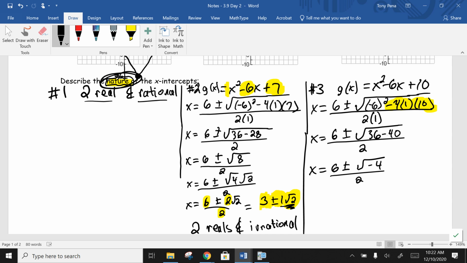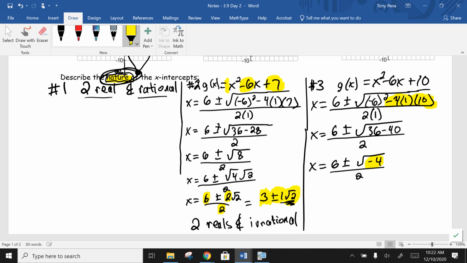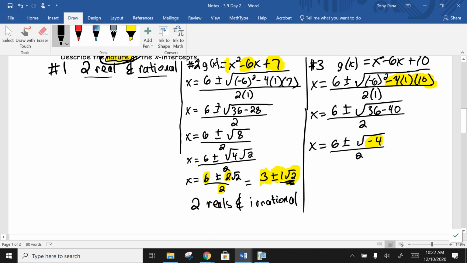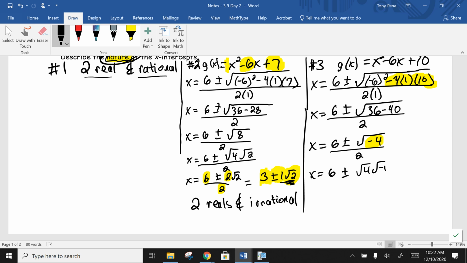And this is now what we've been spending the last 2 days on. If we get the square root of a negative 4, let's clean this up first. So let's go ahead and see if we remember how to simplify this. This would have been our homework last night or 2 nights ago. If I wanted you to simplify that, this is when we do 4 times a negative 1.